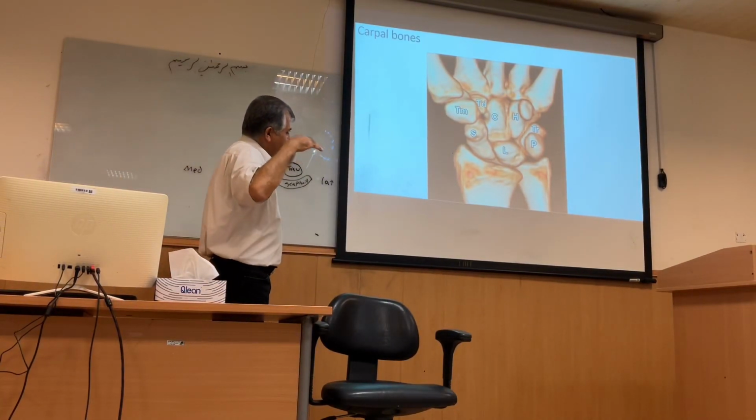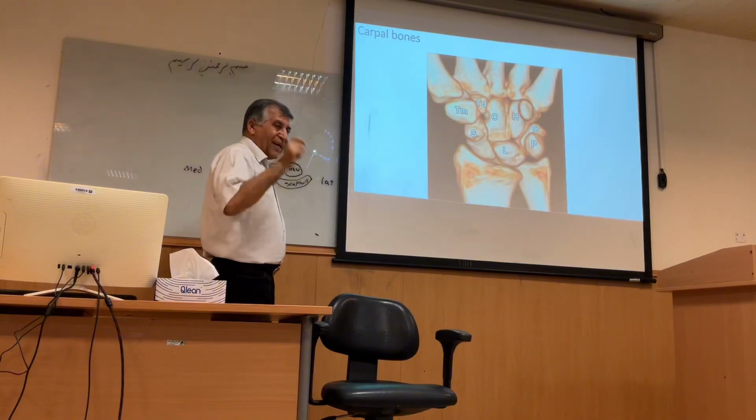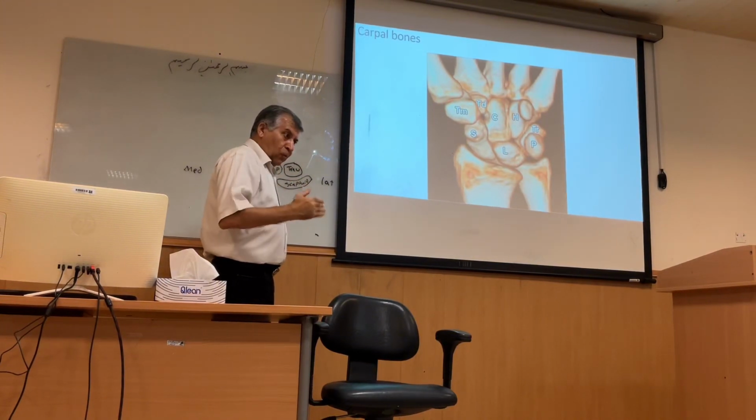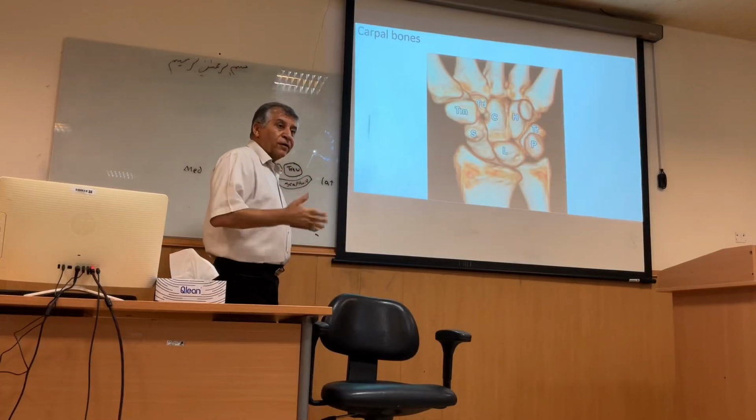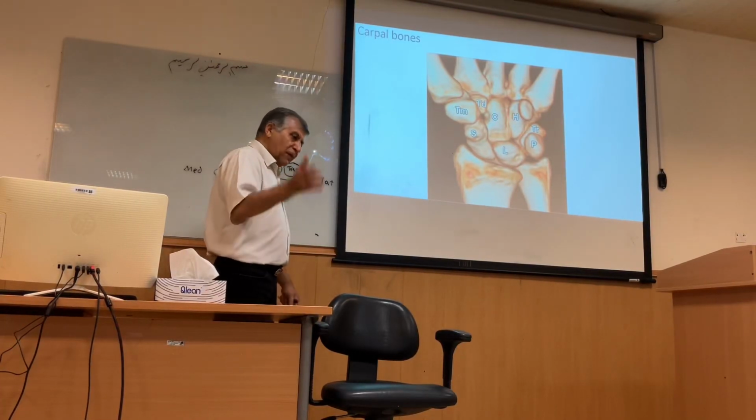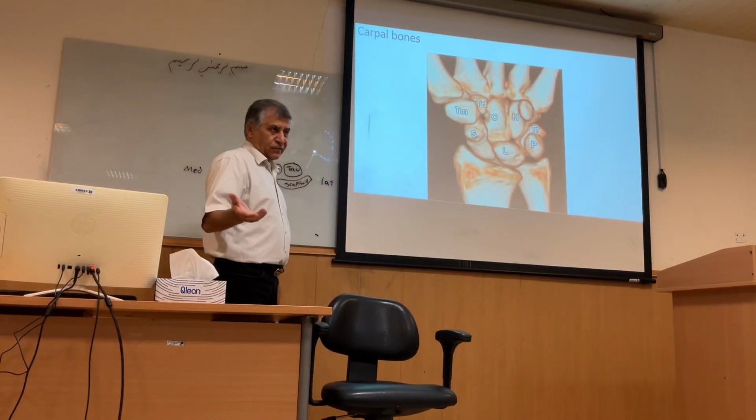In this figure, you can see carpal bones, all of them are small bones. All carpal bones before birth are cartilaginous. After birth, all cartilaginous. Okay?